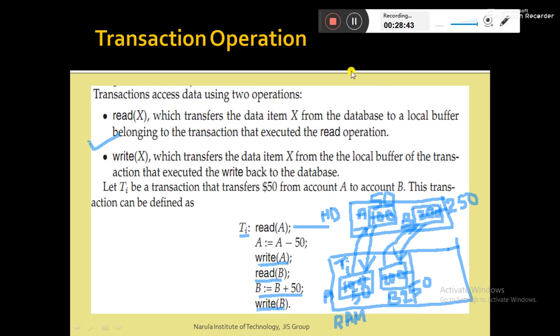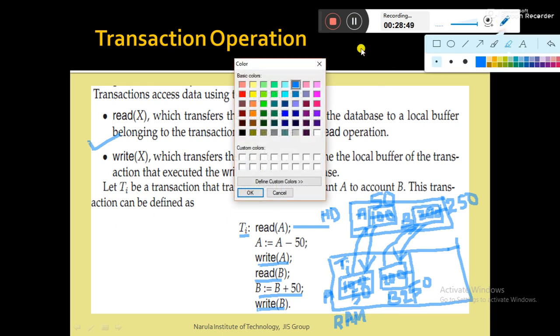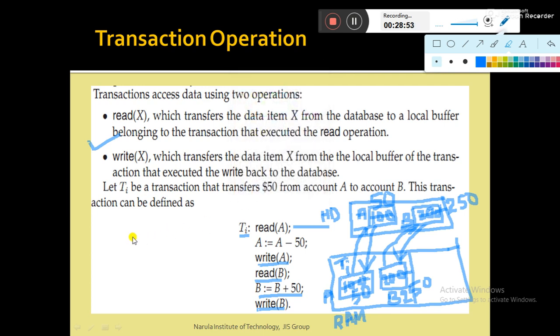So if you add A plus B before transaction Ti starts execution, 100 plus 200 is 300.